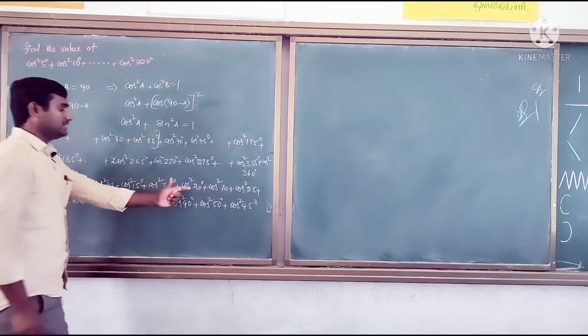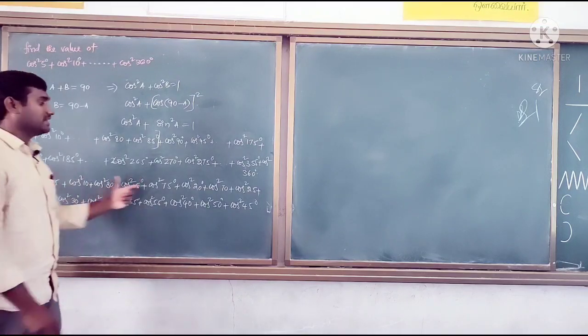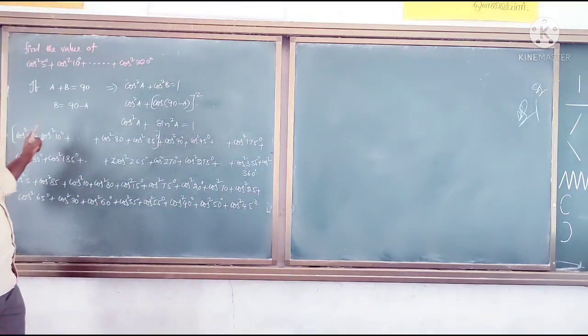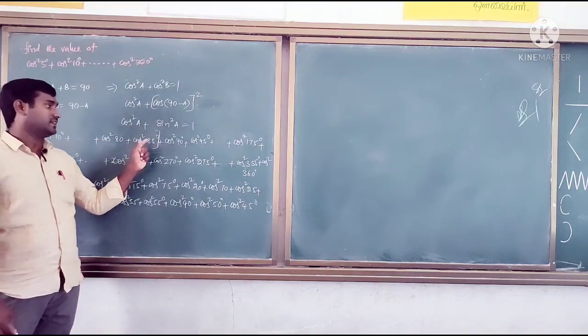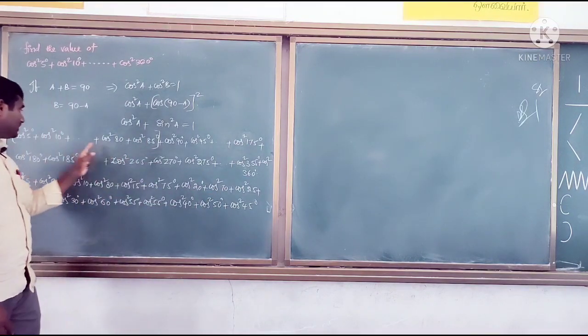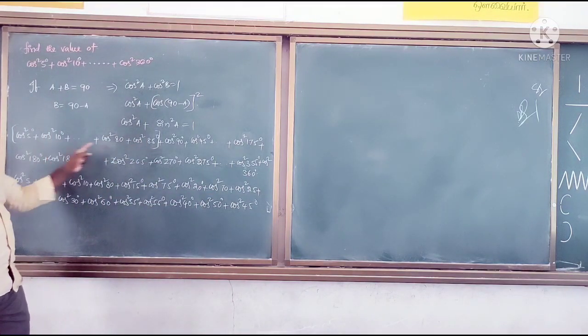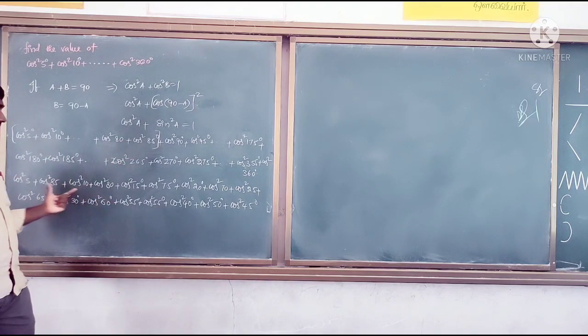Between cos square 5 degrees and cos square 85 degrees, I simplified these 17 terms alone.